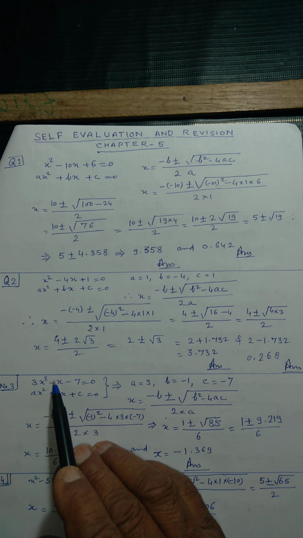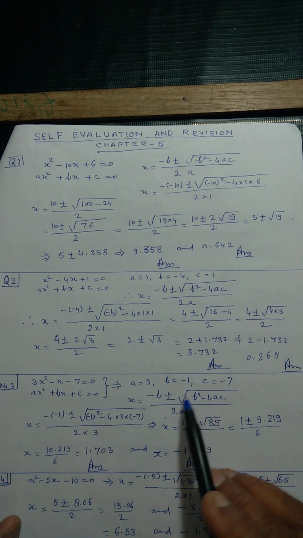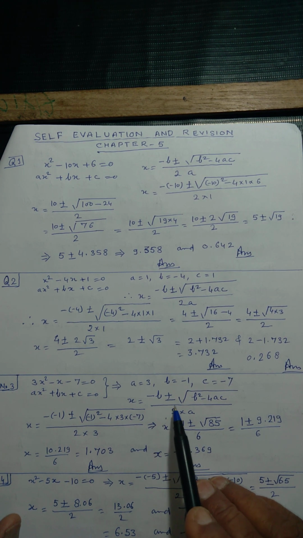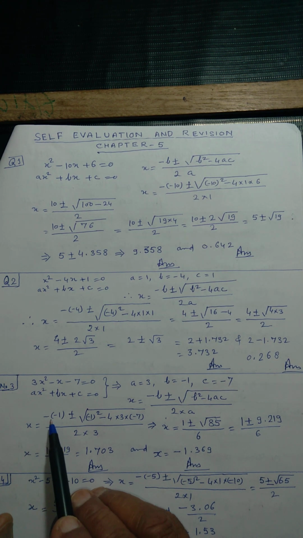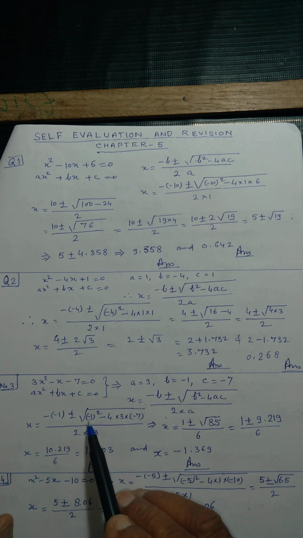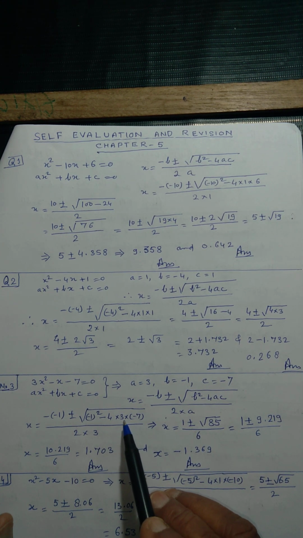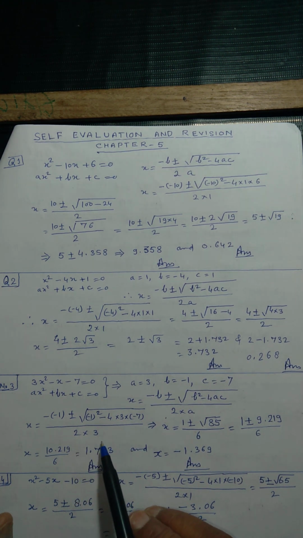Equate the coefficients and find out the values of a, b, c accordingly and substitute them in the given formula. So x will be equal to minus, inside the bracket, minus 1 plus minus root minus 1 whole square minus 4 into 3 into minus 7 upon 2 into 3.